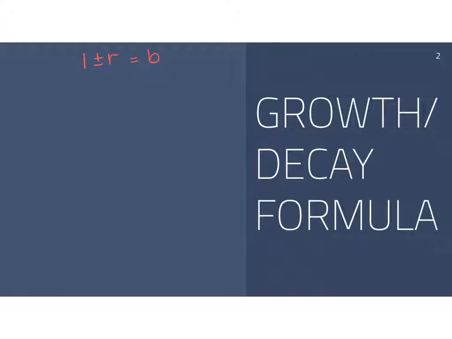Now we're going to add 1 plus r when we're growing, 1 minus r when we're decaying. So let's say I have a bank account that has $500, and it's going to grow at a 4% rate.